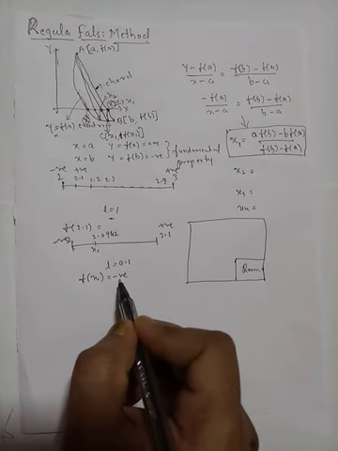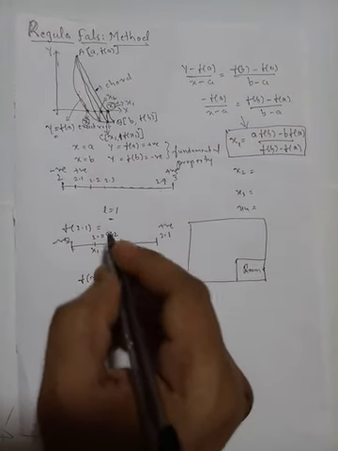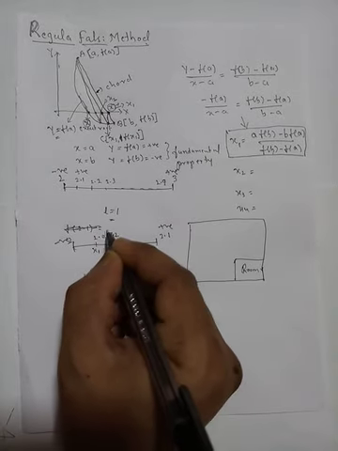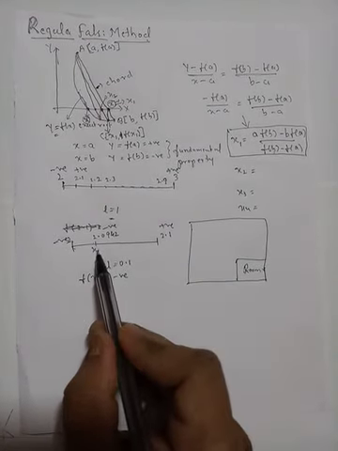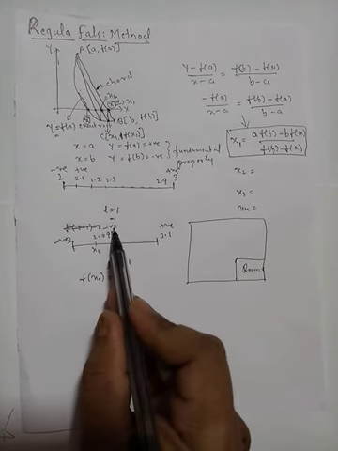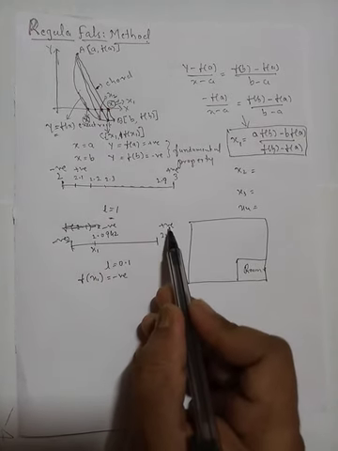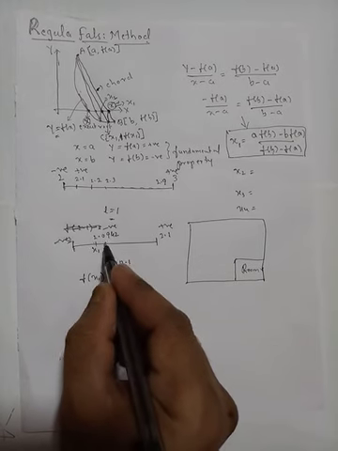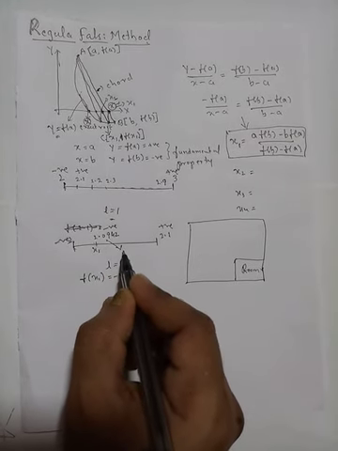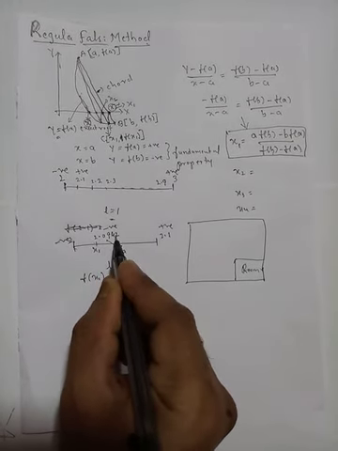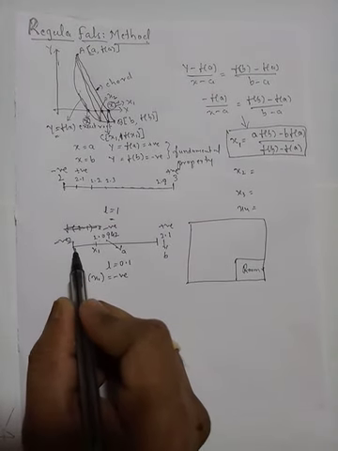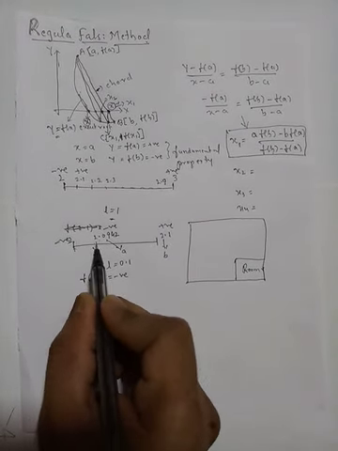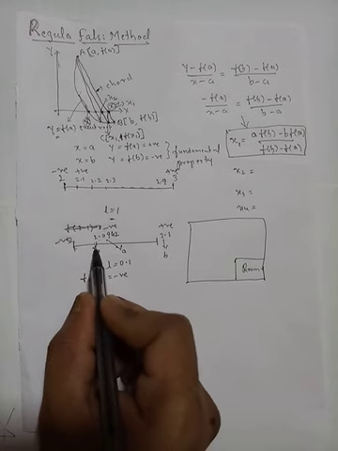Now we have a negative value at 2.0942. You can write here, this is a negative value. So at this point we got the negative value of the function, and at 2.1 we have a positive. Therefore our new value of a is 2.0942, and this is our b. We cannot take 2 and 2.09, because both are negative.